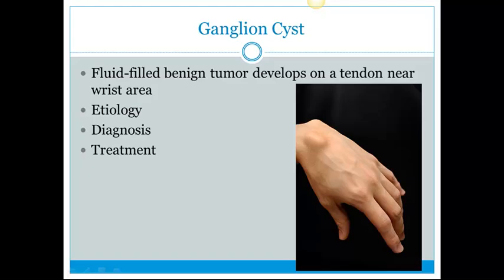Ganglion cyst is a fluid-filled benign tumor that develops on a tendon near the wrist area. The etiology is unknown. The diagnosis is really by physical exam and looking at it, and treatment is incision and drainage, and sometimes surgical removal is needed if the incision and drainage does not work.